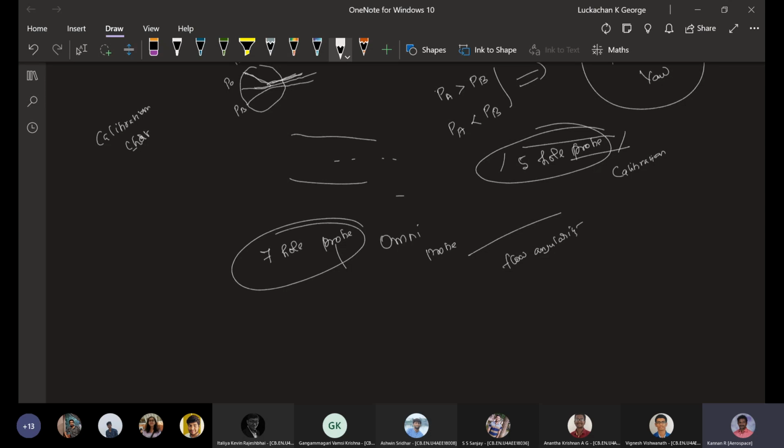With the help of the angle, you can measure your U, V, and W, that is, the X and Y components of velocity. That's what you are going to get from your 7-hole probe and 5-hole probe.